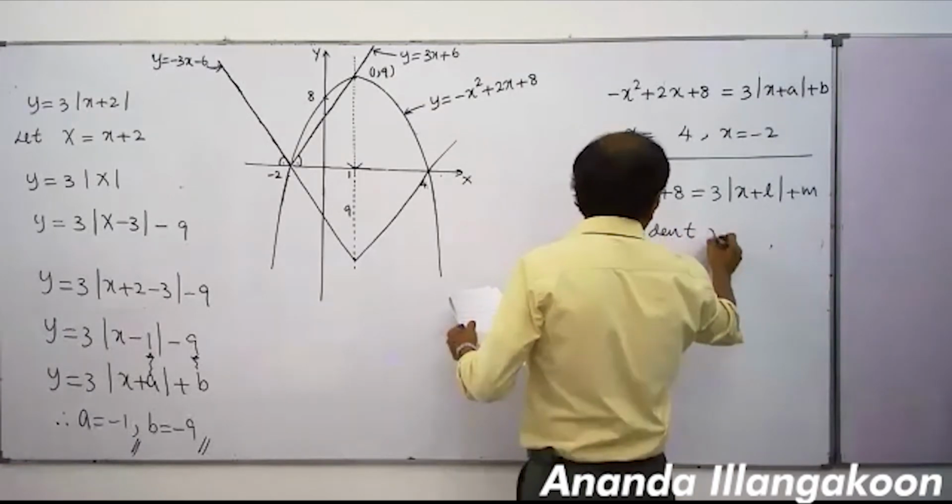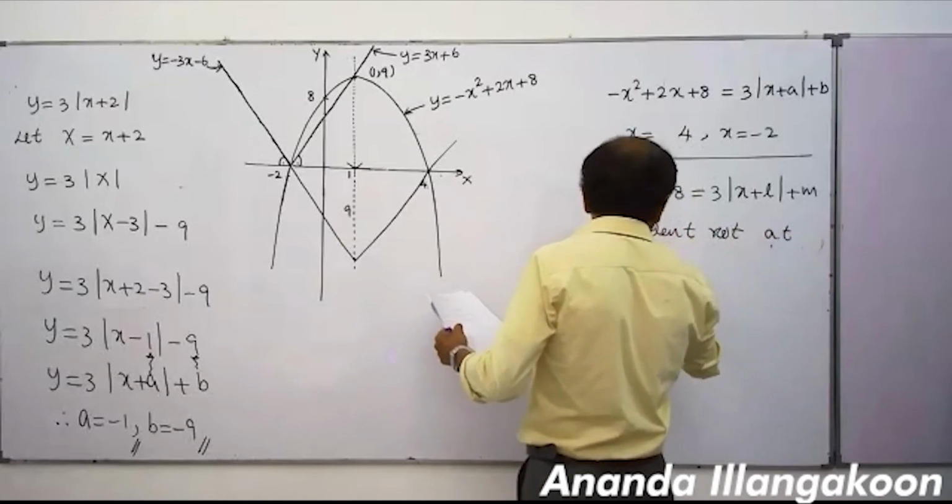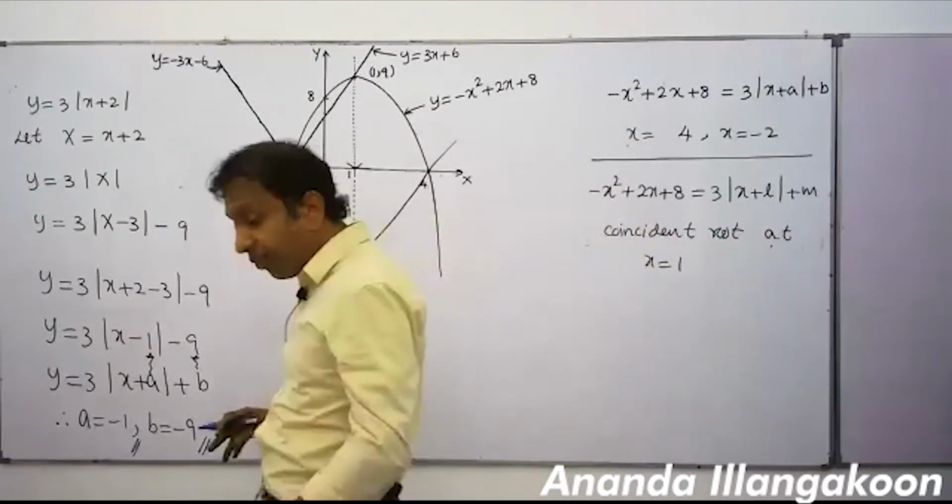Coincident root at x equals 1. Right. Coincident root.